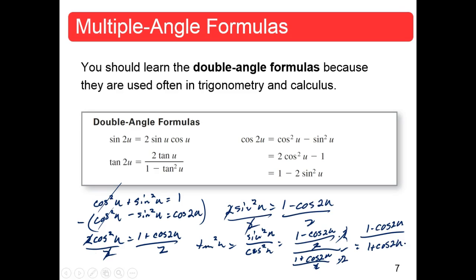So notice all three of these power reducing formulas: you reduce a sine square to something in terms of cosine 2u. You reduce a cosine square into something in terms of cosine 2u. And you reduce a tangent square into something as a function of cosine 2u. You lose the sines and tangents, but you have reduced the powers.